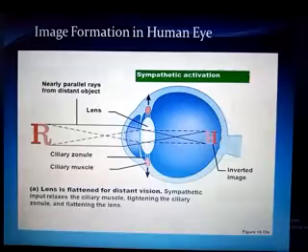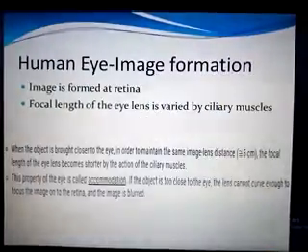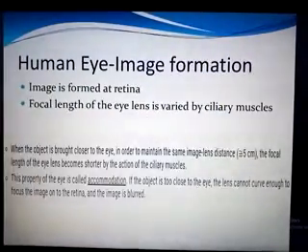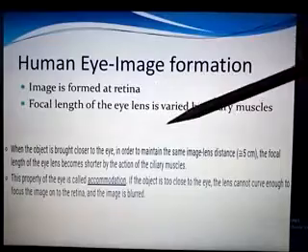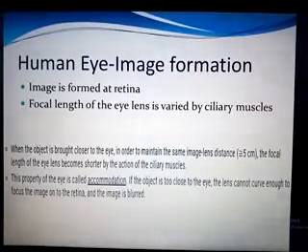Don't think like that. Focal length will vary because of the ciliary muscles, because the lens will become thick and thin, no? So because of that, the focal length keeps on varying. This may come in very short answer type questions in the exams. Focal length of the eye lens is varied by the ciliary muscles.